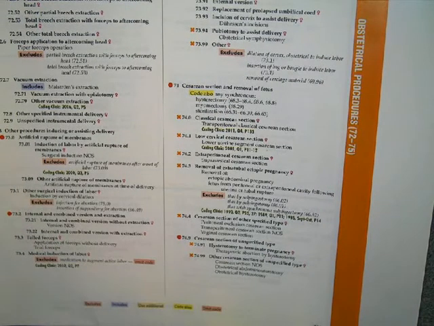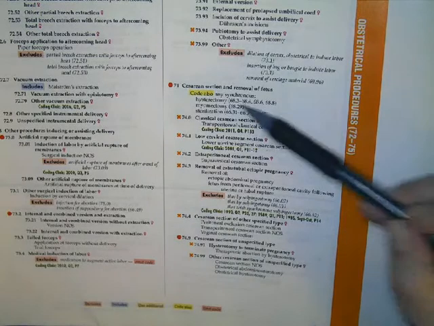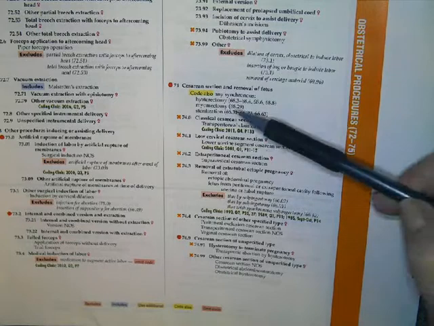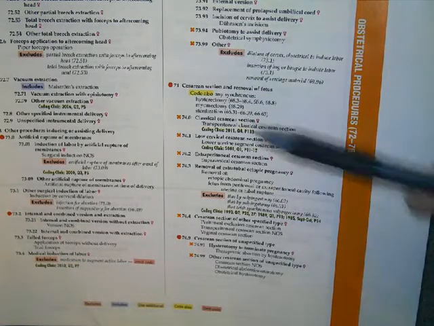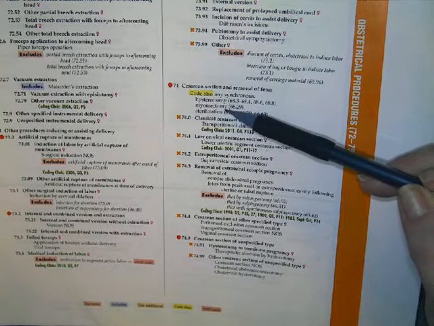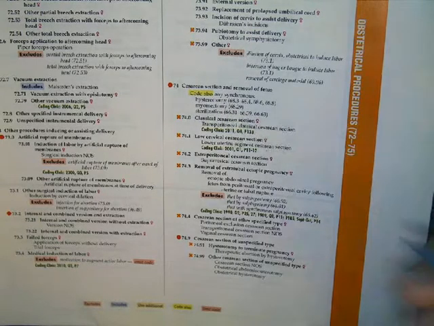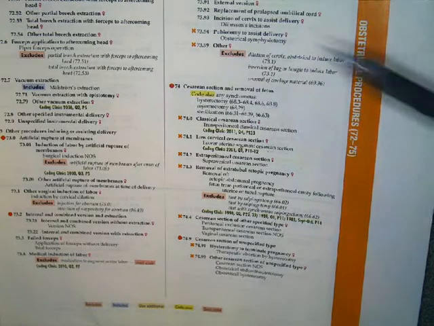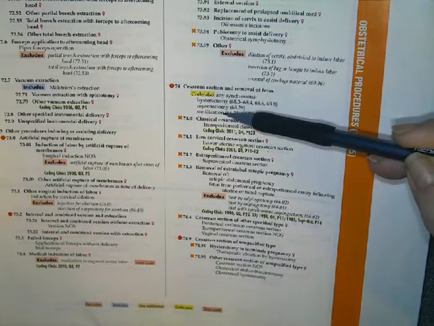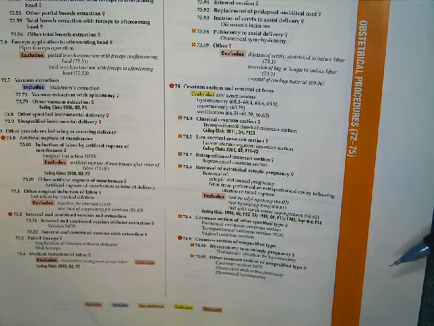The last thing we need to code is the lower segment C-section. So, we're going to go to cesarean section. It's as simple as that. And that is right here, cesarean section. Okay? And remember, we don't go to section, we go to cesarean, and we go to cesarean because it's an eponym.